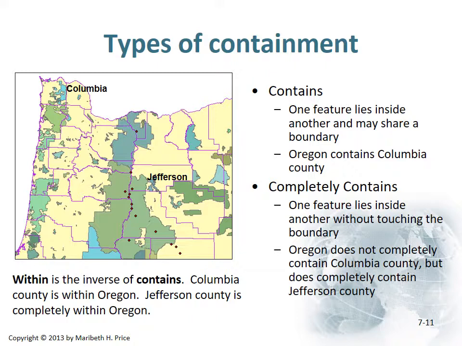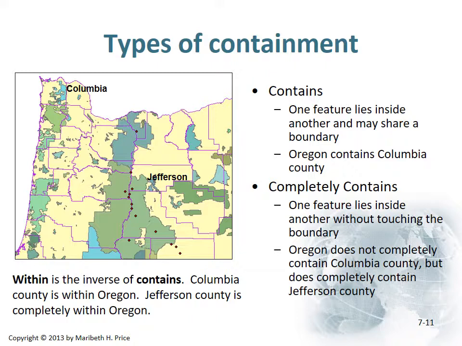So the containment operators known as within and completely within. Within is the inverse of contains. We're searching for things that are within them. So using the same example, Columbia County is within Oregon. Jefferson County is completely within Oregon.